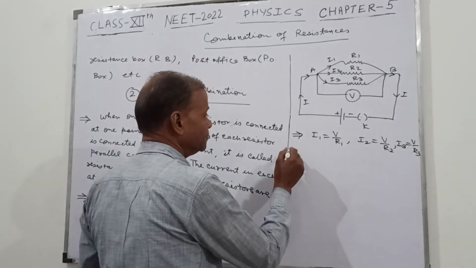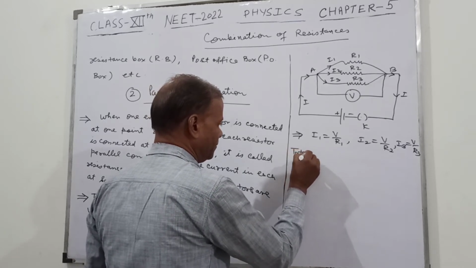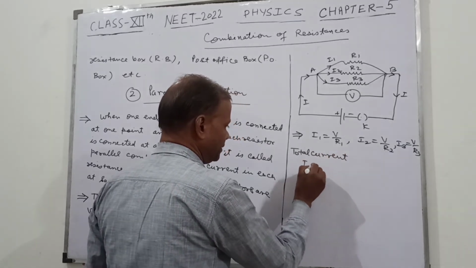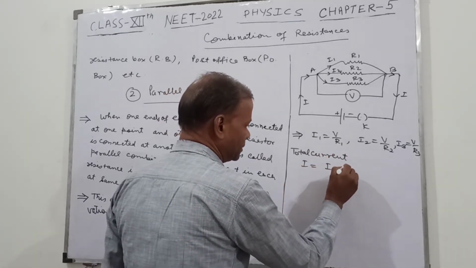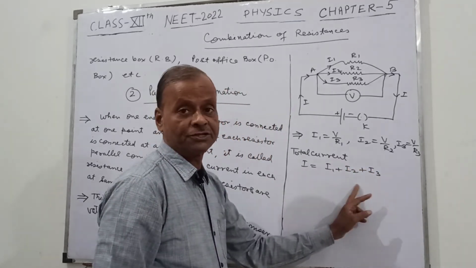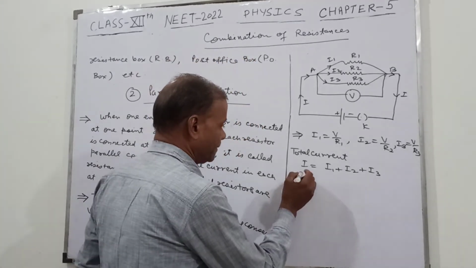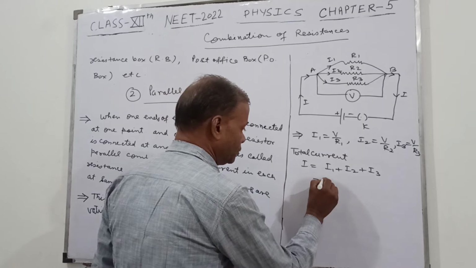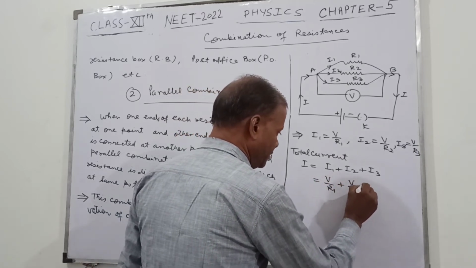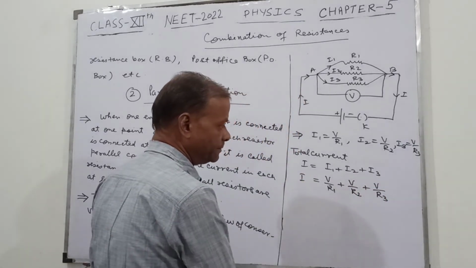So what we have? The total current I is equal to I1 plus I2 plus I3. This is in accordance with the law of conservation of charge. So this is equal to V upon R1 plus V upon R2 plus V upon R3. This is equal to I.